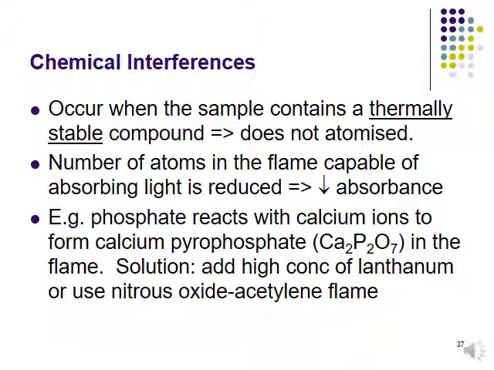For example, phosphate reacts with calcium ions to form calcium pyrophosphate in the flame. In this case, you can solve this problem by adding a high concentration of platinum or using nitrous oxide as the lean flame.